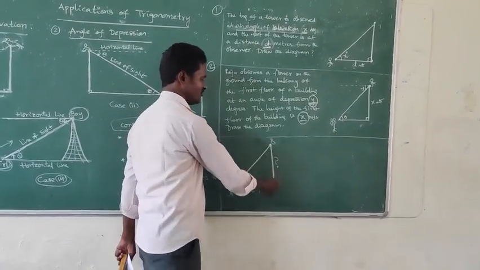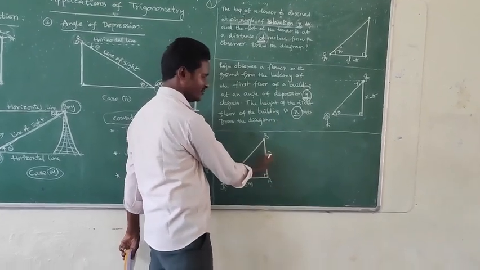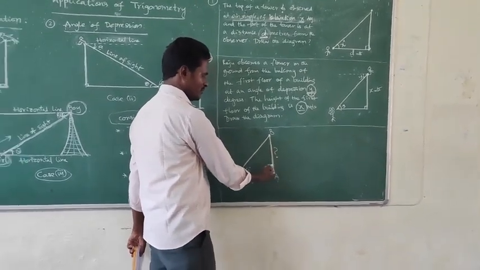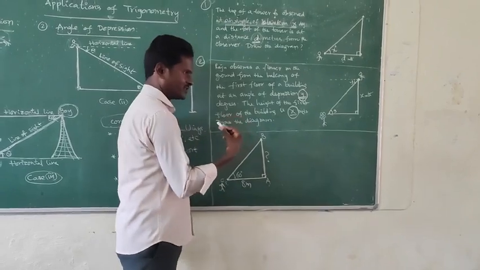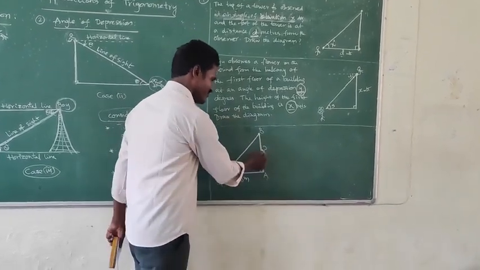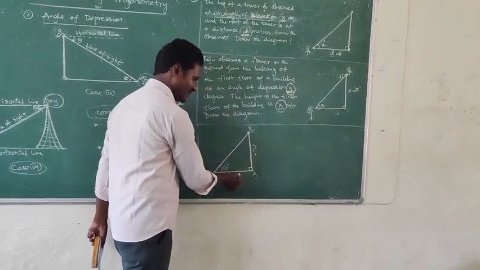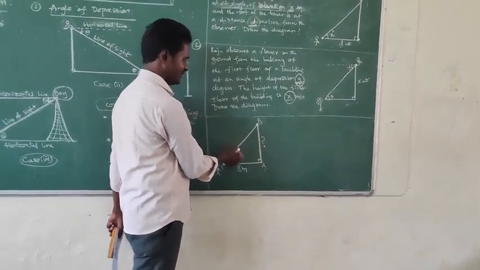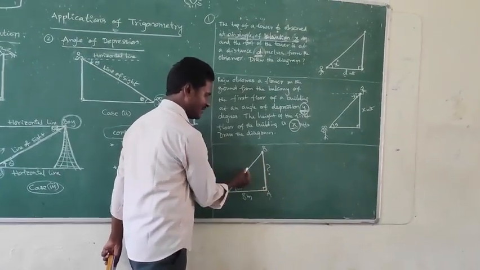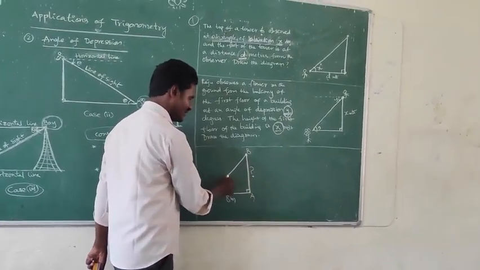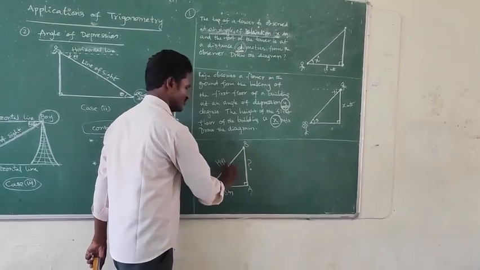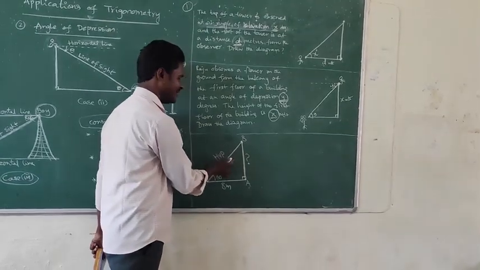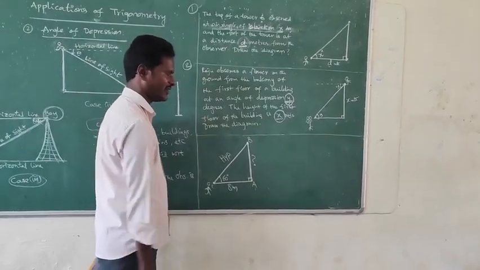So if we want to find the height of the electric pole, we must be aware of what each side is. The side which is opposite to the right angle is always the hypotenuse. So this is the first thing. We already know this from the previous chapter, trigonometry.